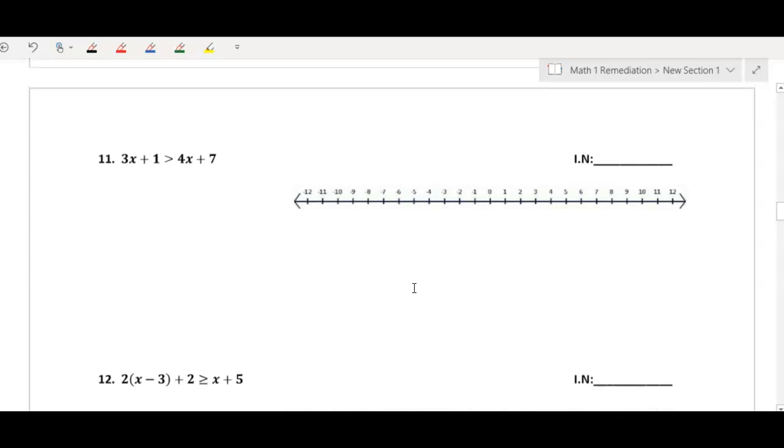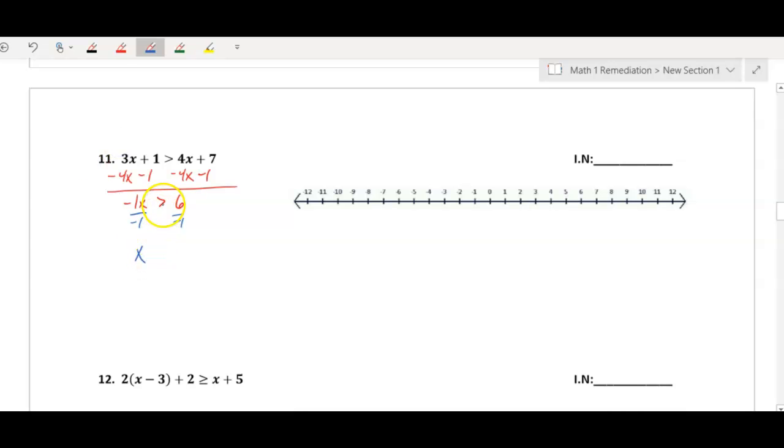Now, with inequalities, when it comes to graphing and solving, I'm going to tell you right now, I find it easier to move the variables to the left and constants to the right. So for this first example, the first thing I'm going to do is subtract 4x from both sides, align like terms. Then I'm going to subtract that 1. That gives me negative 1x is greater than 6. But now, to get rid of that negative 1, I'm going to go ahead and divide by negative 1.